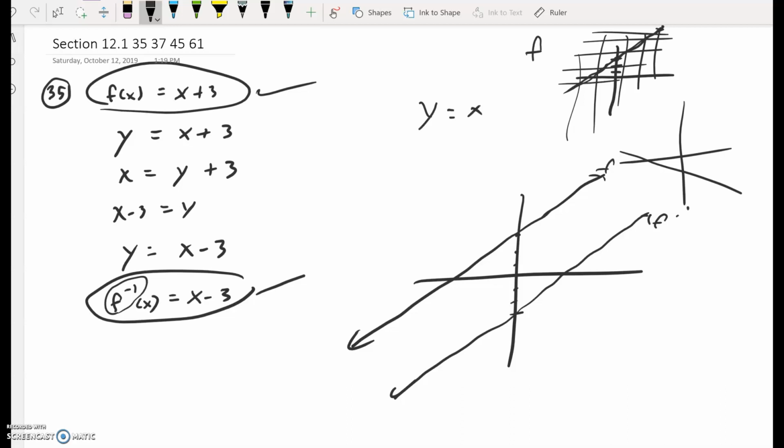Well, where is the y equals x line? The y equals x line is right here. And do you see that there's symmetry around the y equals x line?